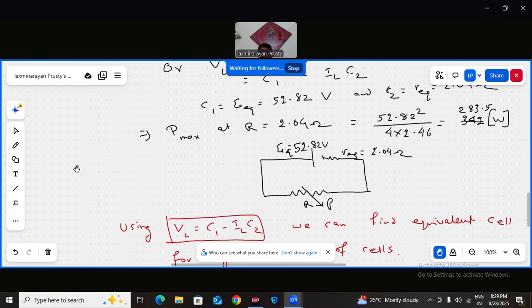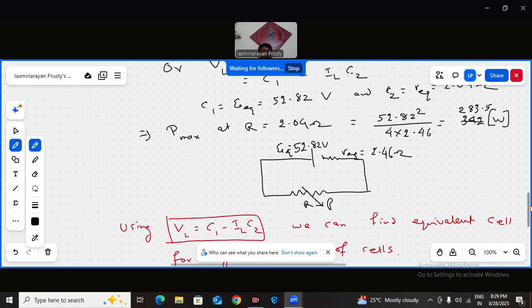This is not 2 point something else, this is 2.46. So then the power output P max, when the load resistance is equal to 2.46 ohm, I get the maximum power output, that is 283.5 watt.